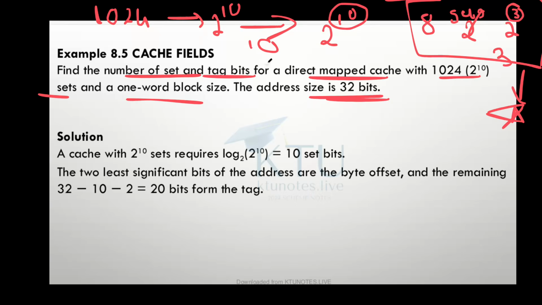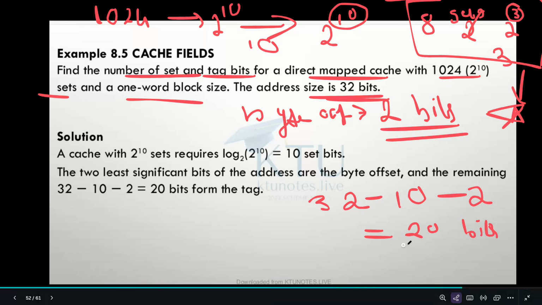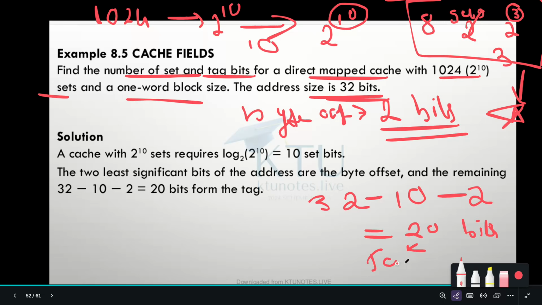And we know the byte offset would be 2 bits. We know that. The total bits given to us is 32 bits. So from the 32 bits, if I subtract the set bits, that is 10, and my byte offset, that is 2, I will get 20 bits. And these 20 bits would be my tag bits, right?